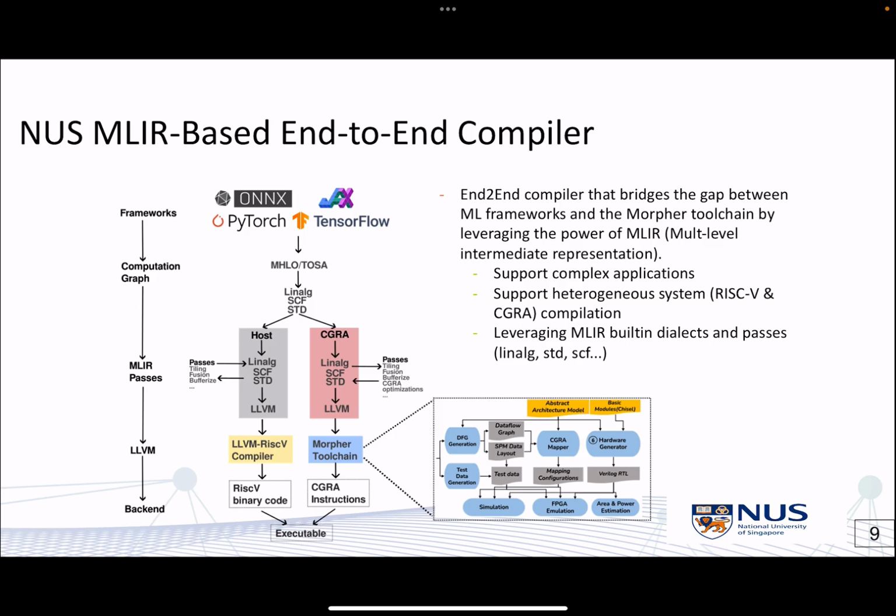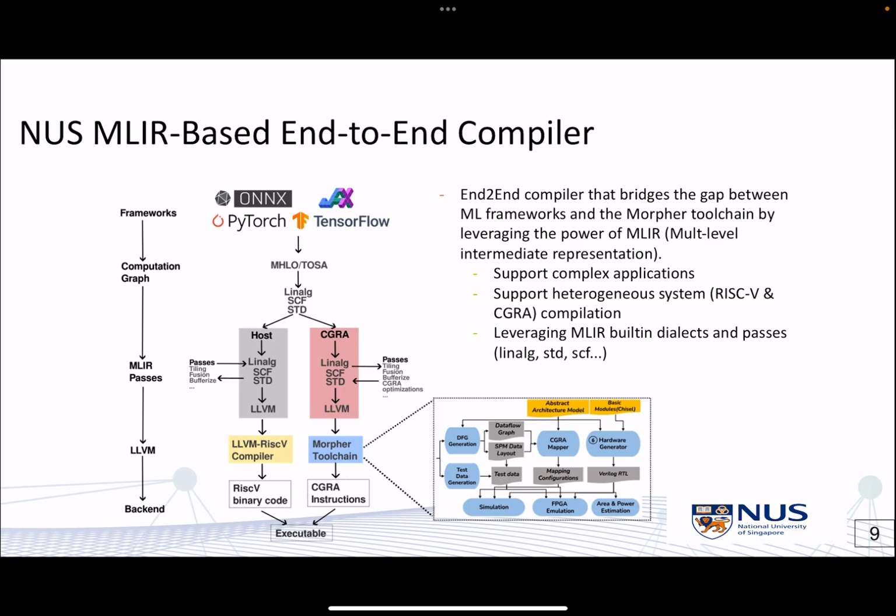This MLIR-based end-to-end compiler is ongoing work where we try to do end-to-end compilation from higher level ML models written in PyTorch or TensorFlow, leveraging the MLIR framework in order to map the kernels from these high-level models onto the CGRA.